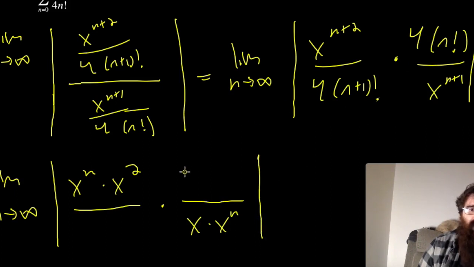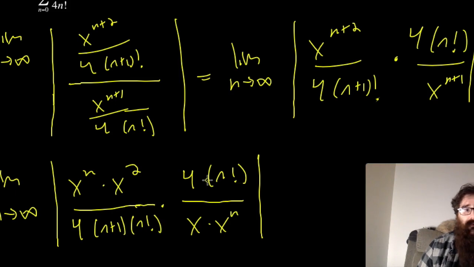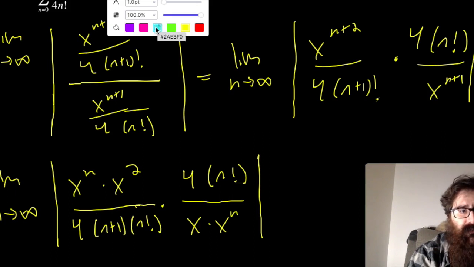Here I have 4 times n factorial. I'm going to rewrite that in the second fraction's numerator. And then 4 times n plus 1 factorial in the first denominator, I'm going to write as 4 times n plus 1 times n factorial, just breaking up the factorial like we've done in previous videos.